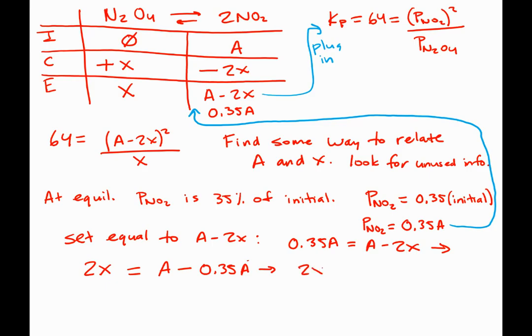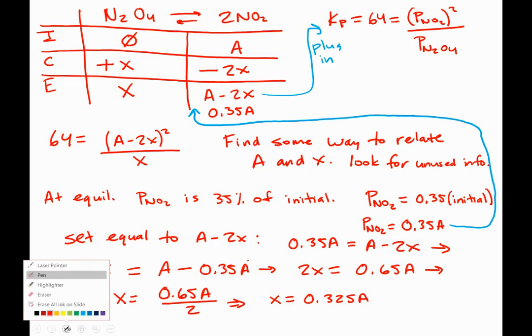What I then get is 2x is equal to 1 minus 0.35, which is 0.65A. Now, to isolate x, divide both sides by 2 to find that x is 0.65A over 2. And so x equals 0.325A.